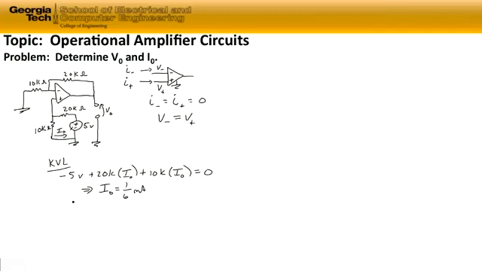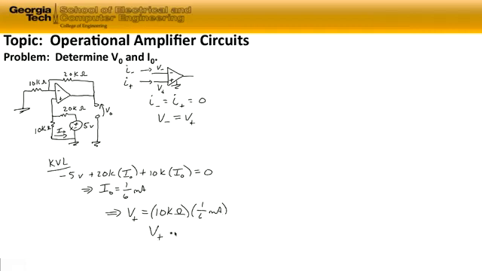Now that we know Iout, we can go back and find Vout. The way we're going to do that is using the second property of the ideal op-amp. The voltage at the non-inverting input is going to be equal to the voltage at the inverting input. The voltage at the non-inverting input, which is the voltage at this point in our lower loop, is equal to 10K times Iout. So it's 10 kilo ohms times Iout, and Iout is 1/6 milliamp.